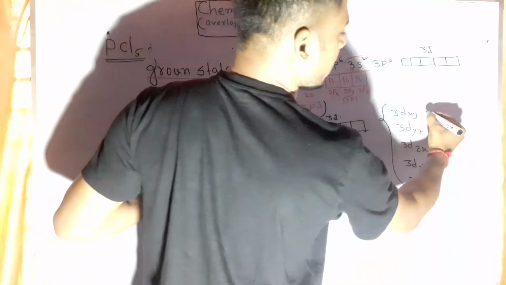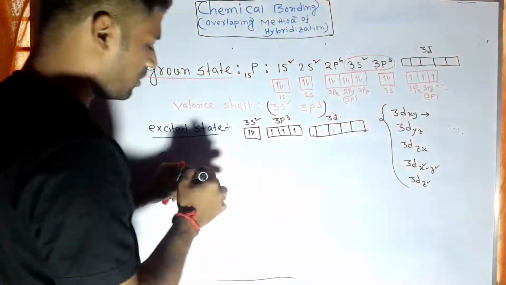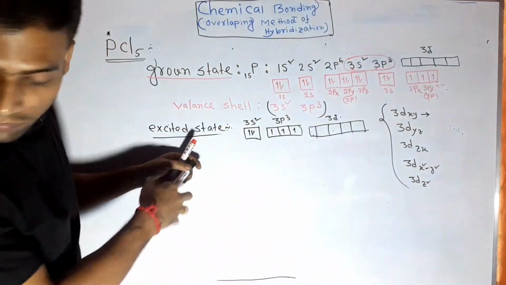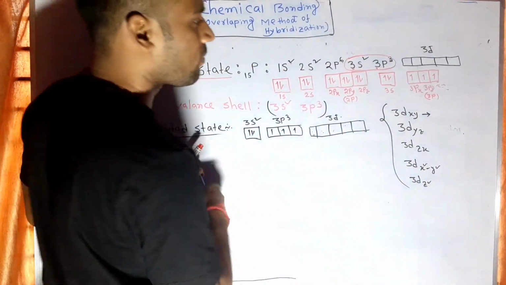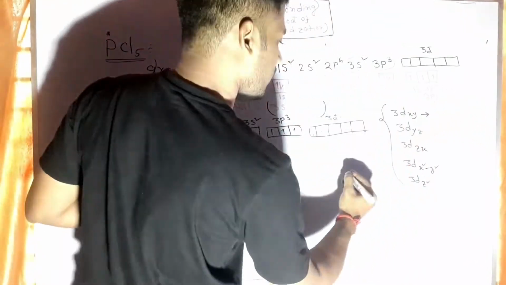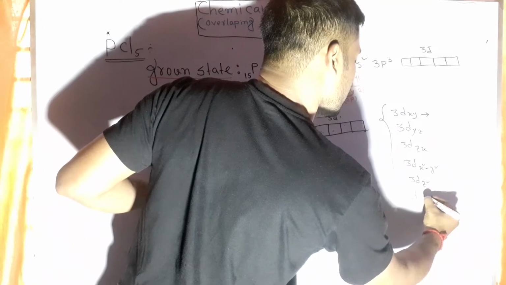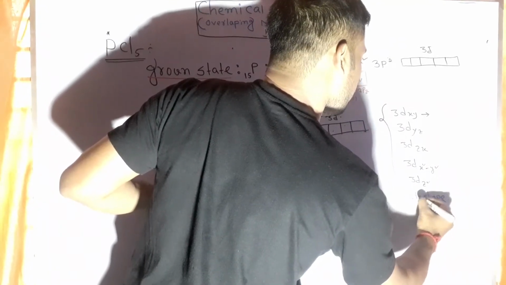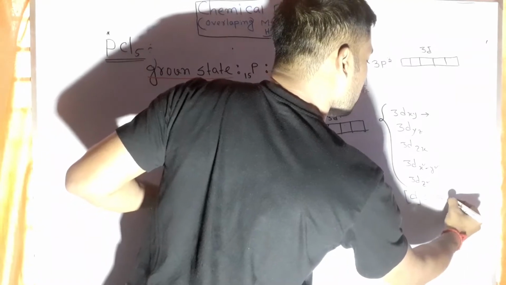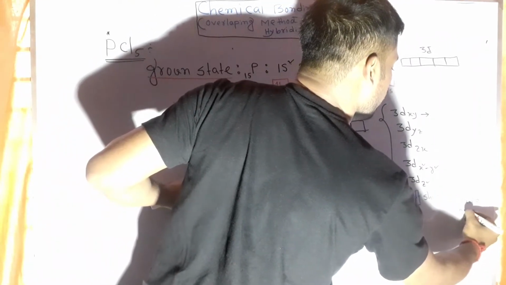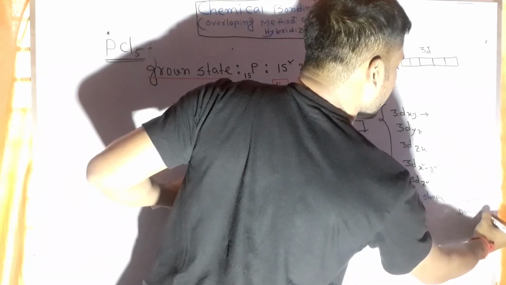What is the diagram of 3dxy? The d subshell has a double dumbbell shape.